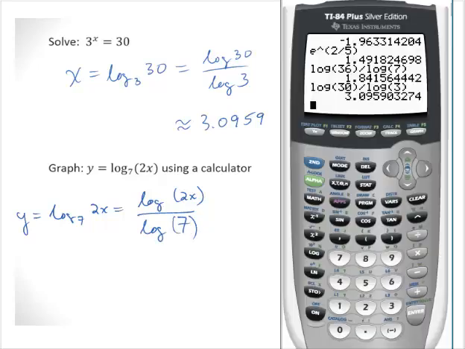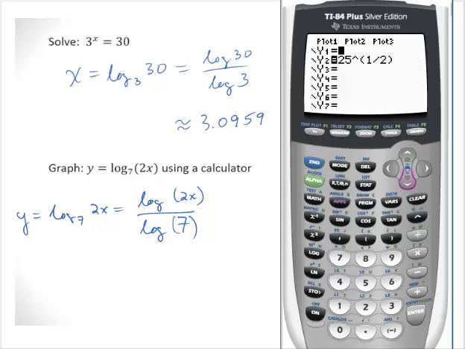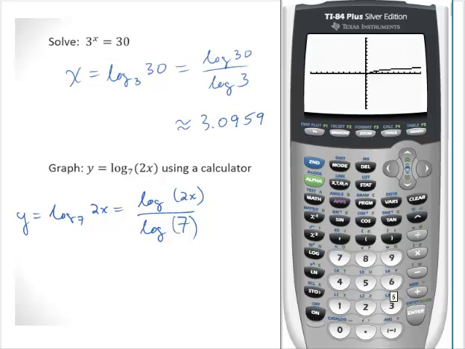And so now on the calculator, let me clear out this old stuff. I would type in log of 2x, close that off, divide by the log of 7. Close that off. And let me just go to the standard window, and we get a graph.